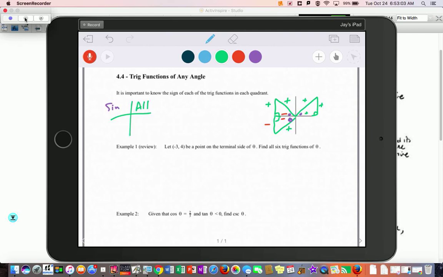If you use the adjacent, you'd be using negative and positive. And so the only one that's actually positive is tangent, because tangent uses the opposite and the adjacent. So technically what's happening is you have the double negative. That's why tangent is positive.